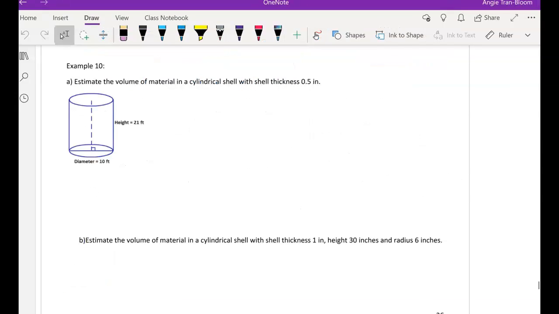Example 10 from 4.5. Estimate the volume of material in a cylindrical shell with the shell thickness being 0.5. Let's correct that to feet since these all measure in feet. So the thickness of the shell is 0.5, or half of a foot. Based on the picture, we know the height is 21 feet. We are given the diameter is 10 feet, which tells me the radius is going to be 5 feet.